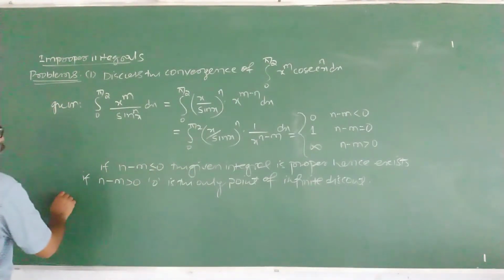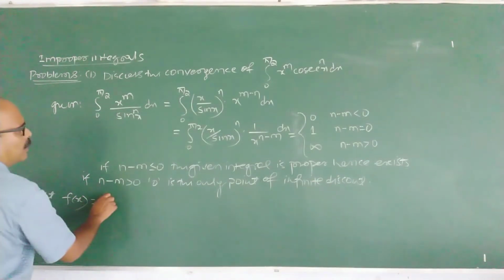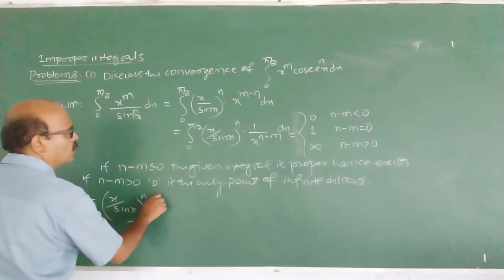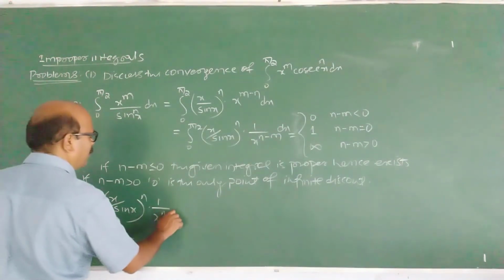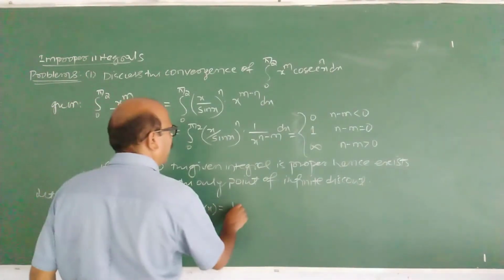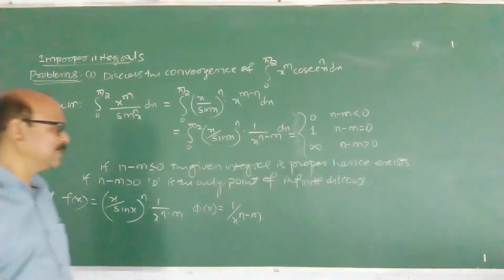Therefore, we consider like this: take f of x is x by sin x raised to n into 1 upon x raised to n minus m, and phi of x is 1 upon x raised to n minus m. We take like this.